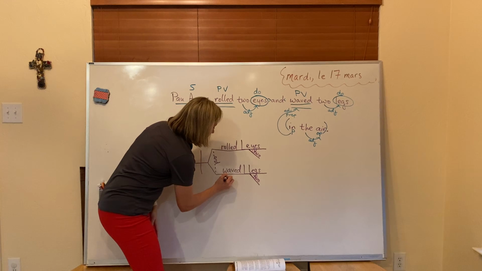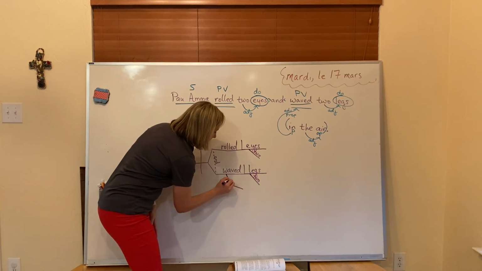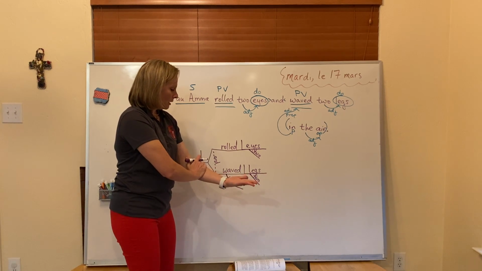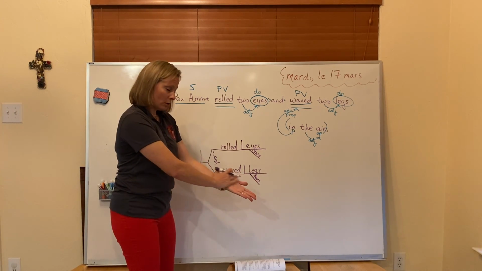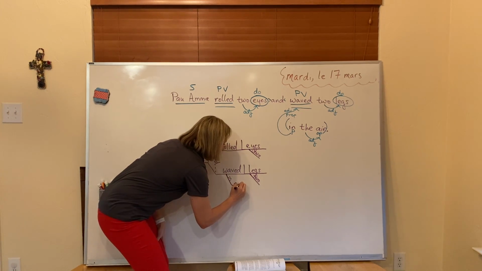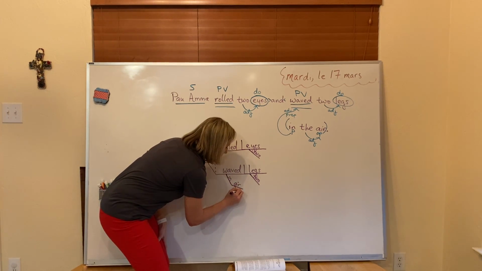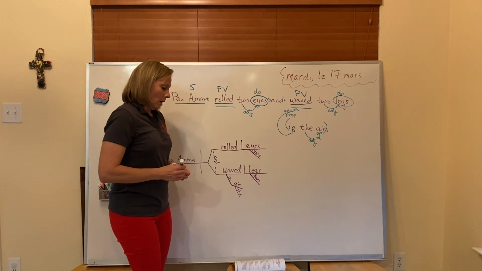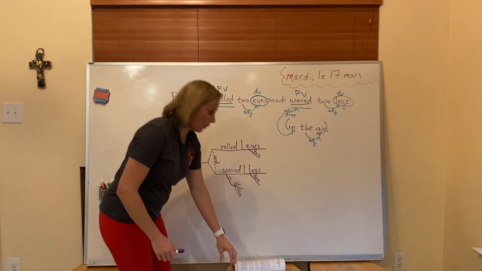So let's remember how to add our prepositional phrase. Preposition goes on the top part of the arm. Object of the preposition goes on the bottom part. So in, air, and don't forget to add the modifier for air. Whew, that was a long one. Okay.